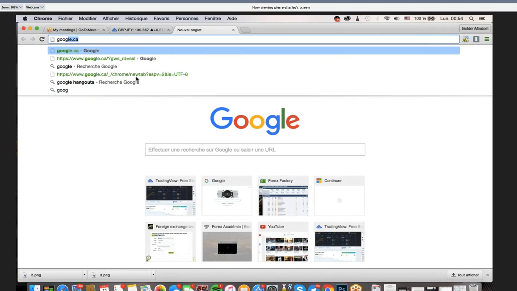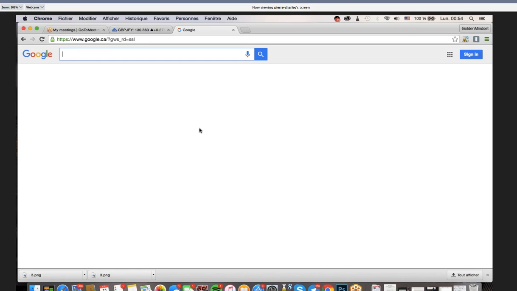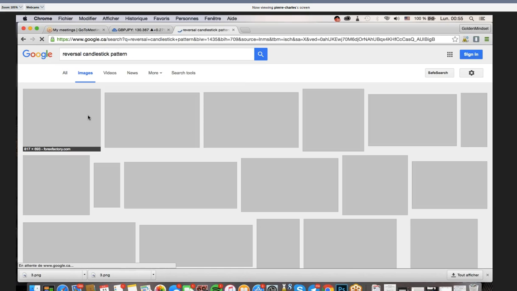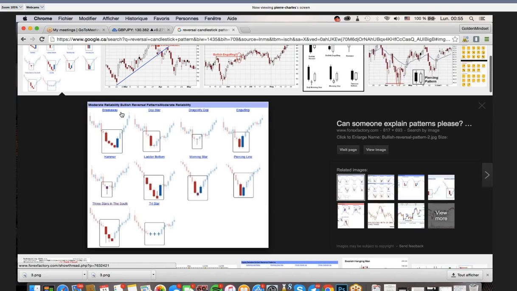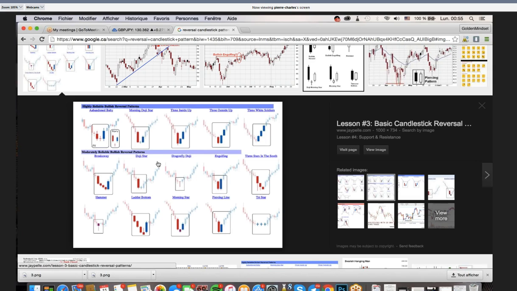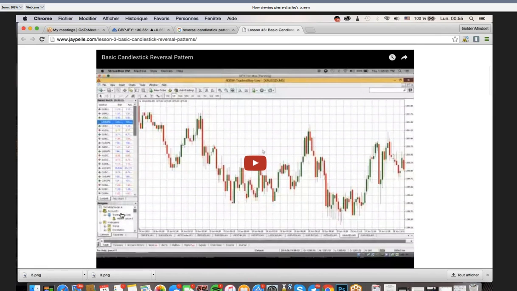I don't know if you guys know them. If you don't, I think I might be able to send a link in the chat room about the reversal candlestick patterns. I think there's a sheet that I can actually download. Look, yeah, this is it. It's this one. Look here, and just focus on the highly reliable patterns.